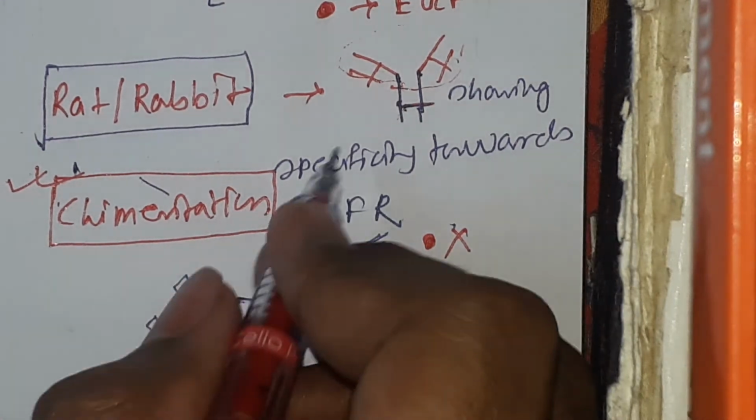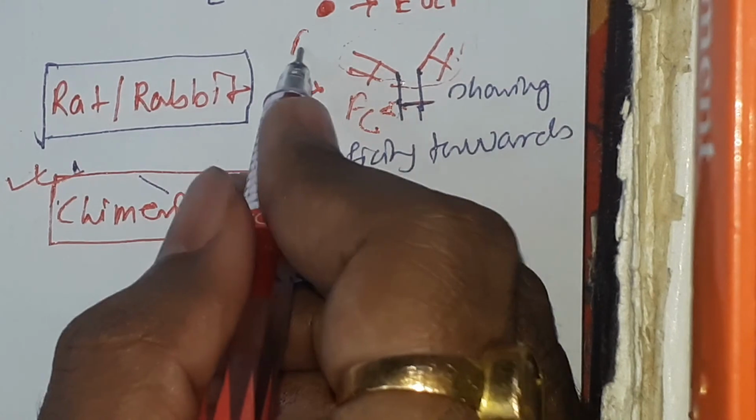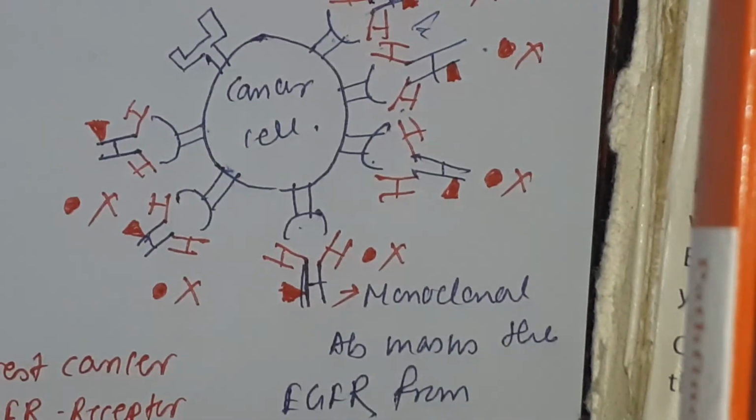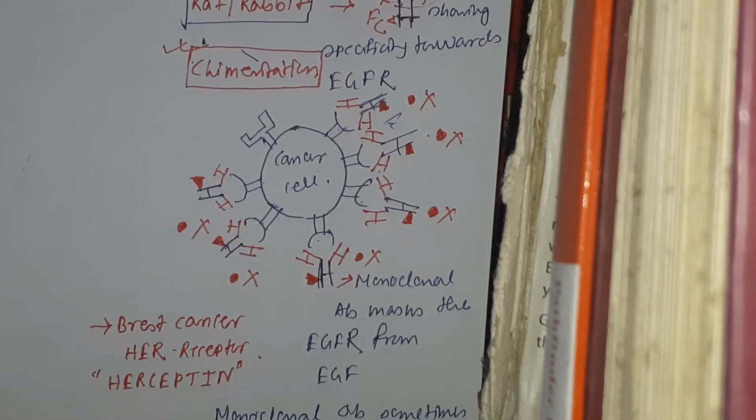That is why we will produce an antibody whose FC region is from human and FAB region is from mice. So our problem will be solved, and in that way we can treat our cancer cells, right?